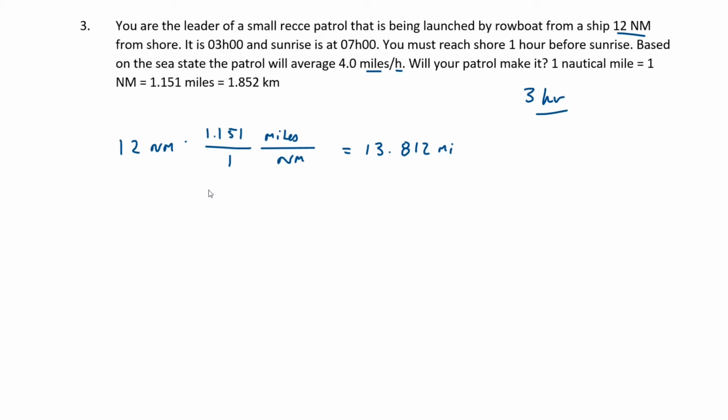Okay, so we know the distance in miles and the speed that we can travel in miles per hour. So again, we want to get the time as our final answer for the units, so we're going to make sure that's on top. So let's say 13.812 miles times our conversion factor, which is now going to be hours per mile, and that is 1 over 4.0.